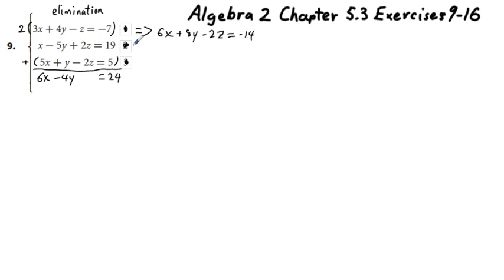And I'm going to move this second equation right underneath the first one. So I'm going to put x minus 5y plus 2z, and then we have equals 19.